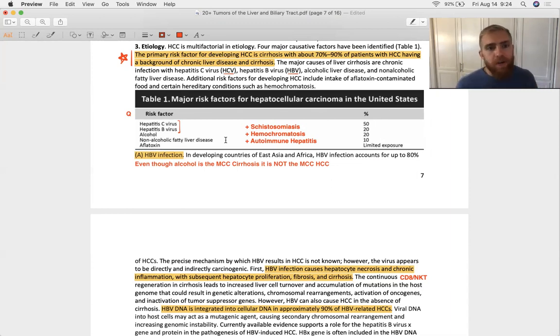So the fact that they're dividing so much, plus the fact that they possibly have acquired genomic mutations, is what leads to cancer. And in alcohol, the mutagenic component is the aldehyde adducts. And in hepatitis, well, these are DNA and RNA viruses. They can kind of splice up your DNA a little bit and inject parts of themselves into your genome potentially. So that's a mutagenic potential there too.